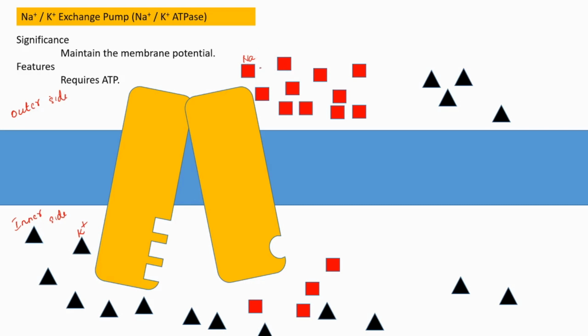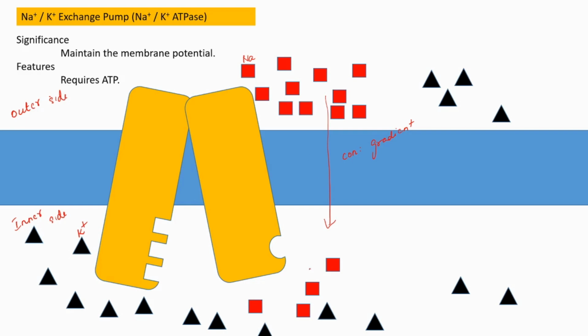then what is the general tendency? Sodium has a general tendency to diffuse towards the cell's inside in the direction of its concentration gradient. Because of this diffusion, there is a chance that some sodium has entered the cells.